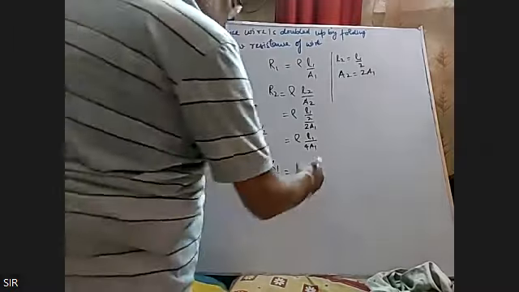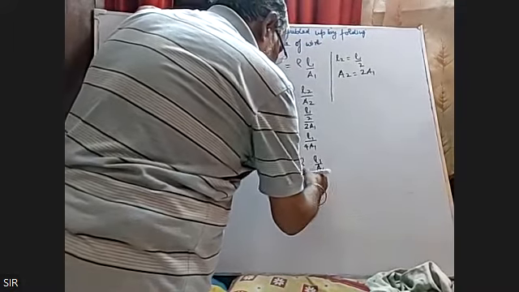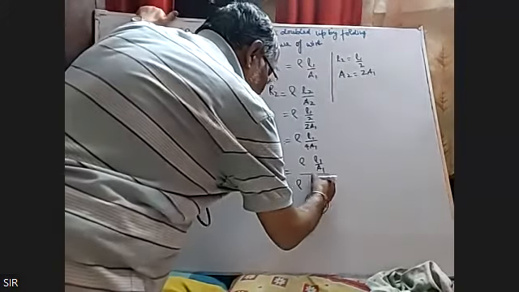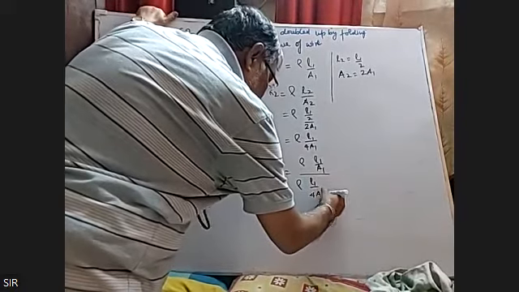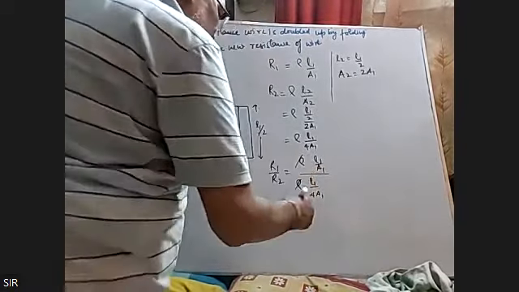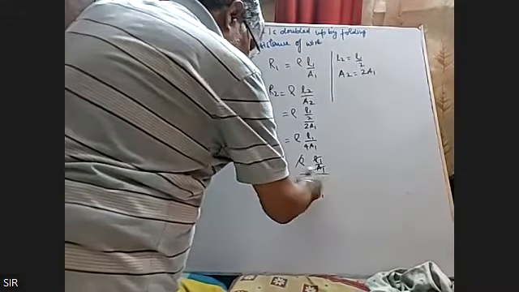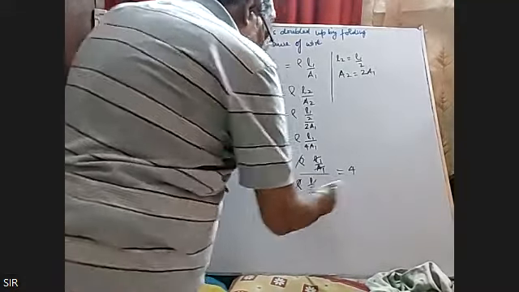Now R1 by R2 is equal to rho L1 upon A1 by rho L1 upon 4A1. A1 cancelled, L1 cancelled. This 4 goes on the top, so it becomes 4.